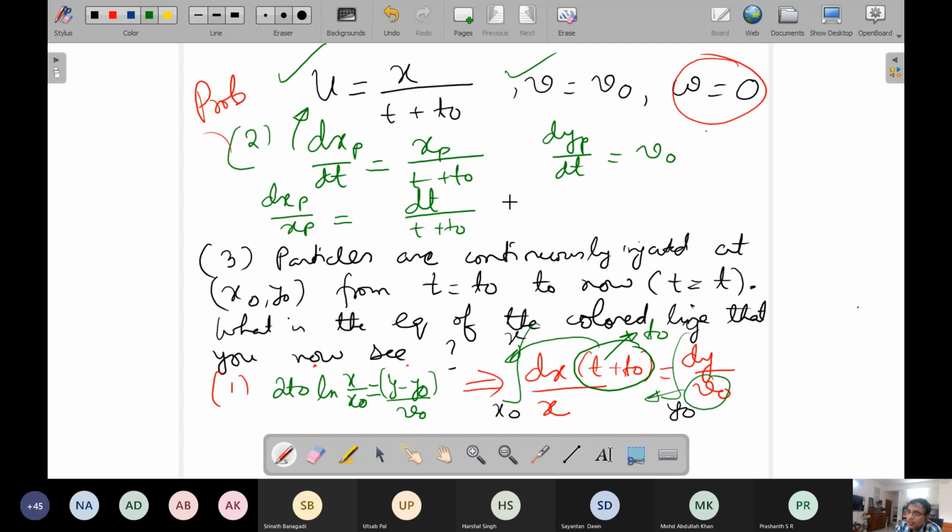So if you now integrate it, at time equal to t0, that is the initial location of the particle, xp is equal to x0. And at time equal to t, whatever is the current time, you want to see what is that x. So this integration will give you ln of x by x0 is equal to ln of (t plus t0) by 2t0.